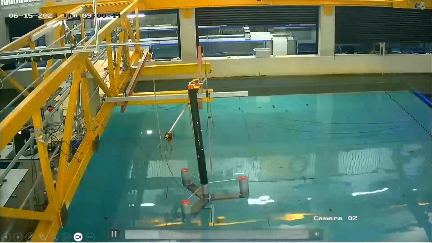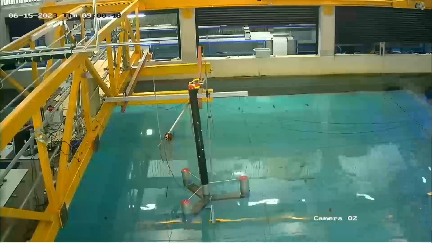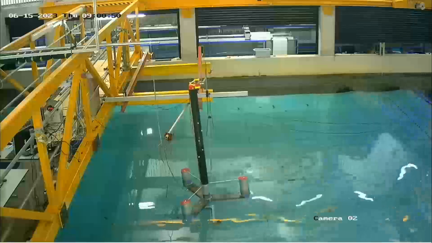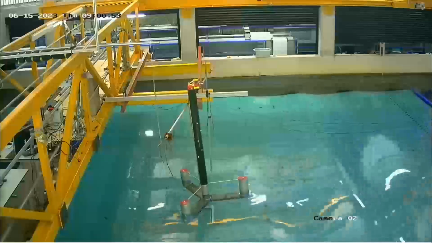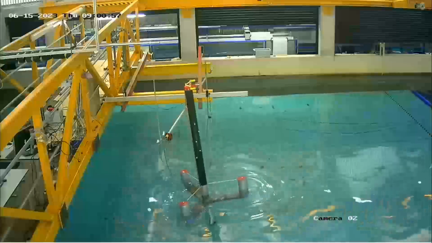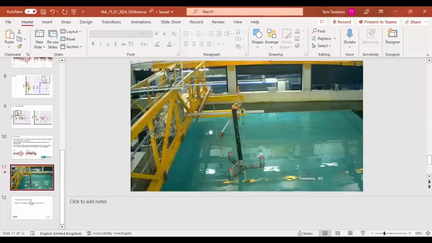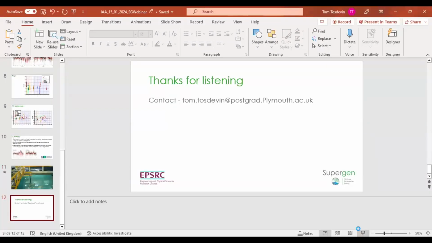So this is for the maximum pitch response. Okay, so very short if we're looking at the single approaches.